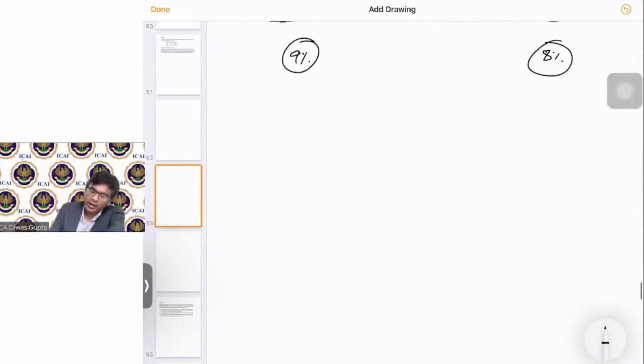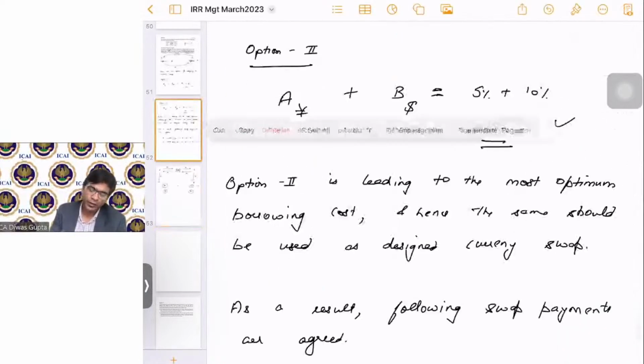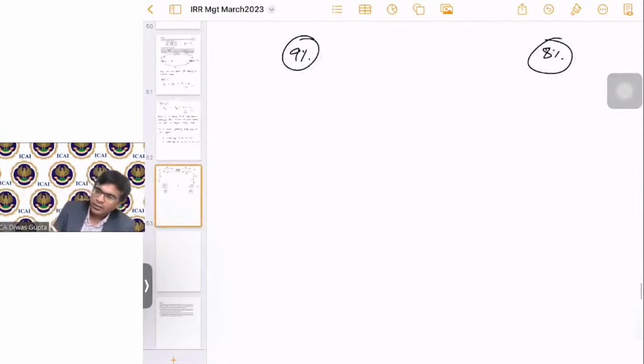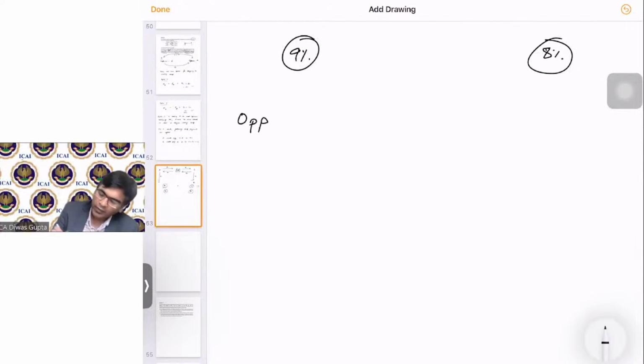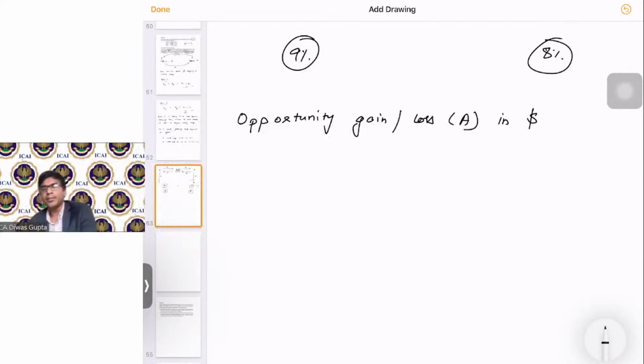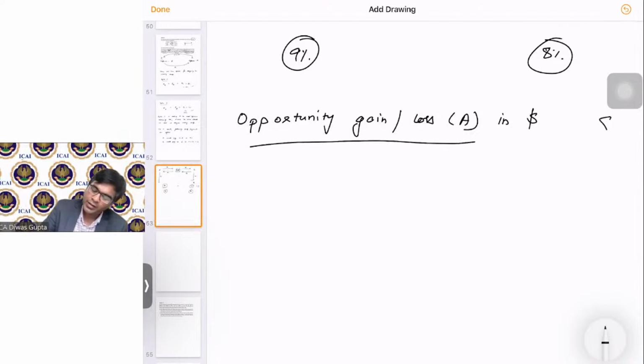Now let's calculate the amount that they are all going to save. So first let's put opportunity gain/loss. This is from A Inc.'s perspective, and we are doing workings in dollars, because A has a preference to borrow in dollars, and hence we are doing the working in dollars.